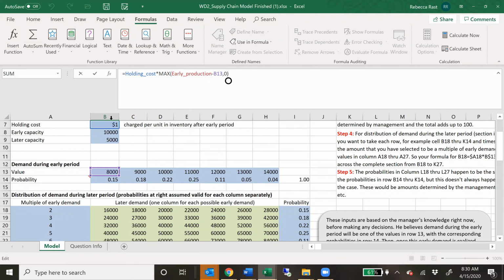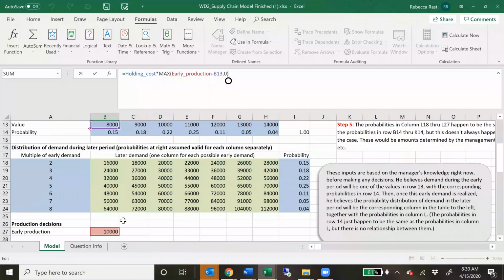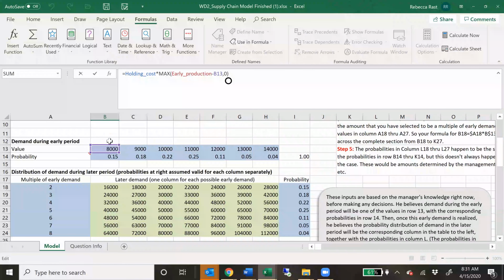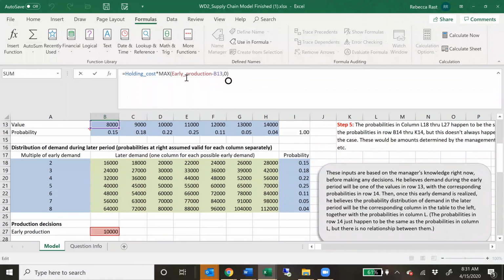So it's saying our holding cost is $1, and then we take the max amount of either the early production minus this amount here that's in B13, the predicted production amount or predicted demand amount, or you would take 0. So if there's a negative number here, it would then just go to 0.